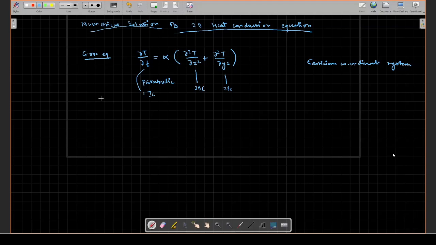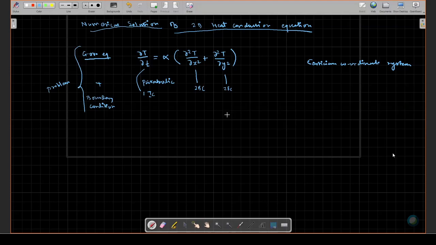So governing equation plus boundary conditions becomes a problem.